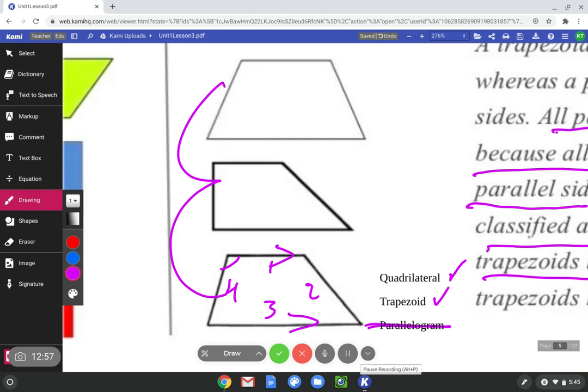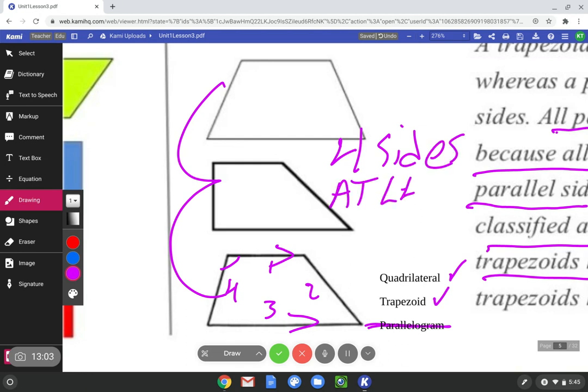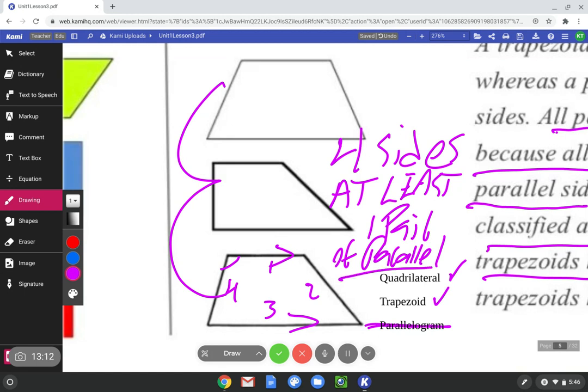As long as it has 4 sides and at least one pair of parallel lines. Remember, there is no one correct form of a trapezoid. As long as it meets these characteristics and meets these rules, it's a trapezoid.